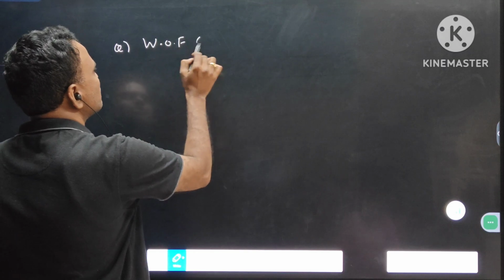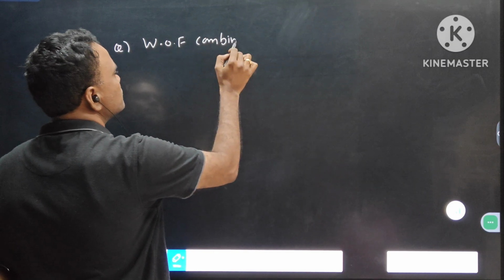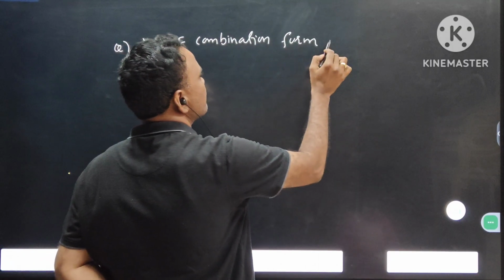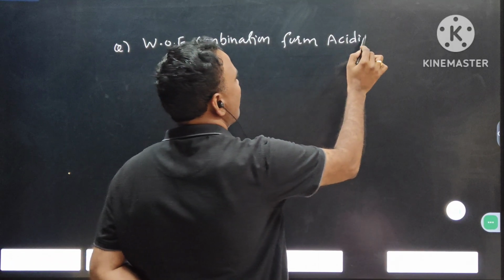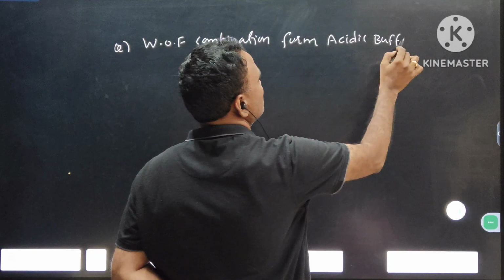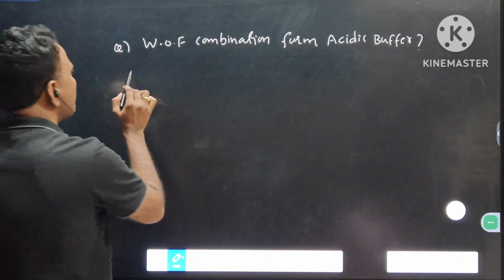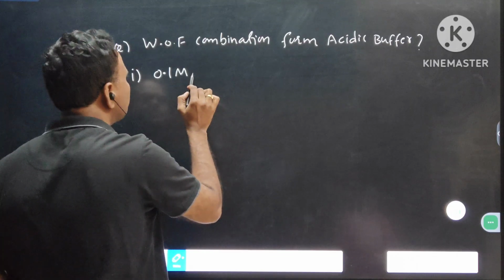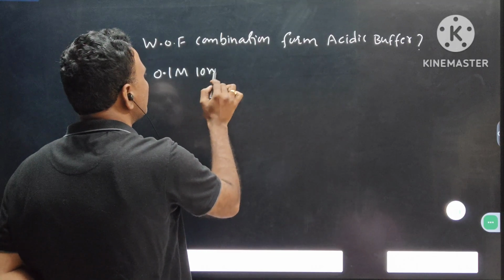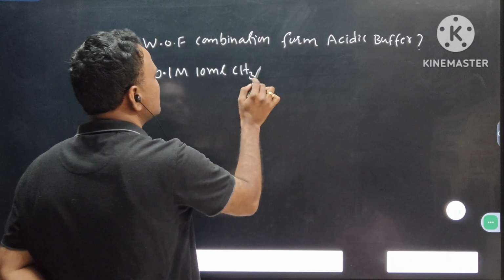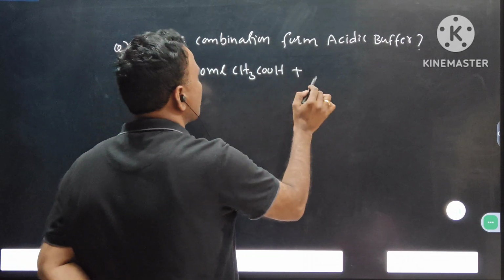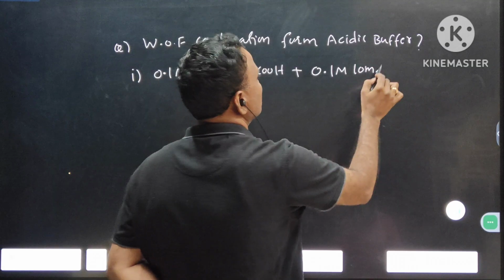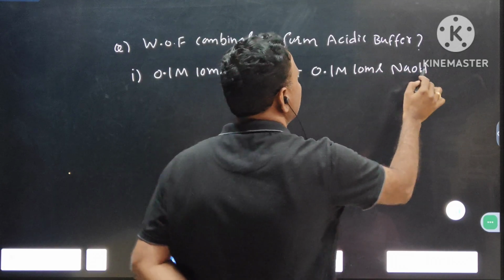Which of the following combination form acidic buffer? First combination, 0.1 molar 10 ml acetic acid plus 0.1 molar 10 ml NaOH.